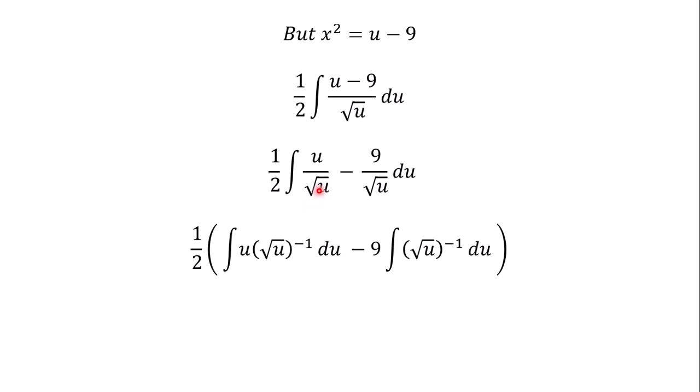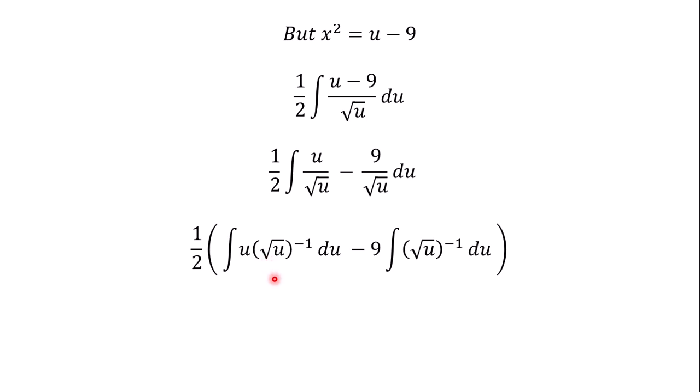Here it was u over the square root of u. But when you come here, it has changed to u times the square root of u raised to the power minus 1. It is so because of the negative index law of indices.